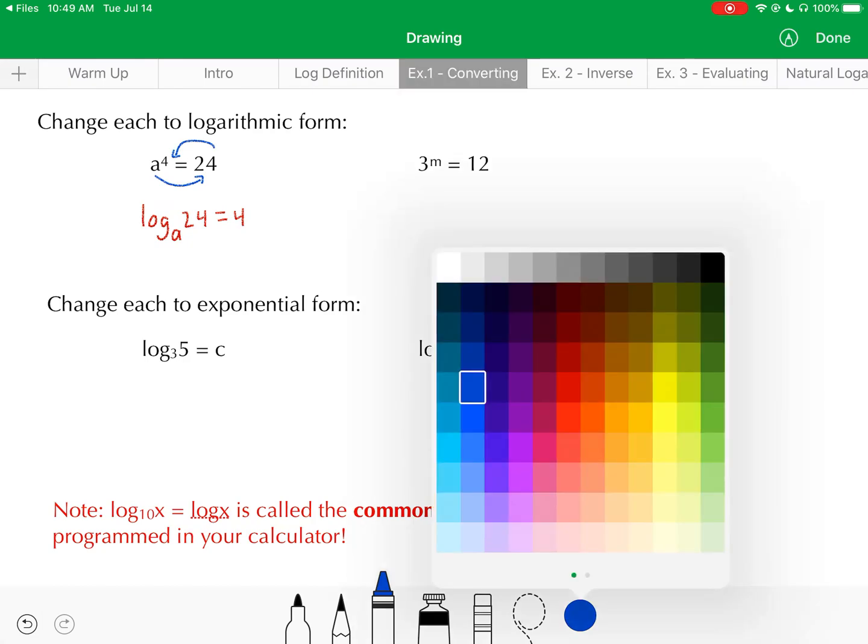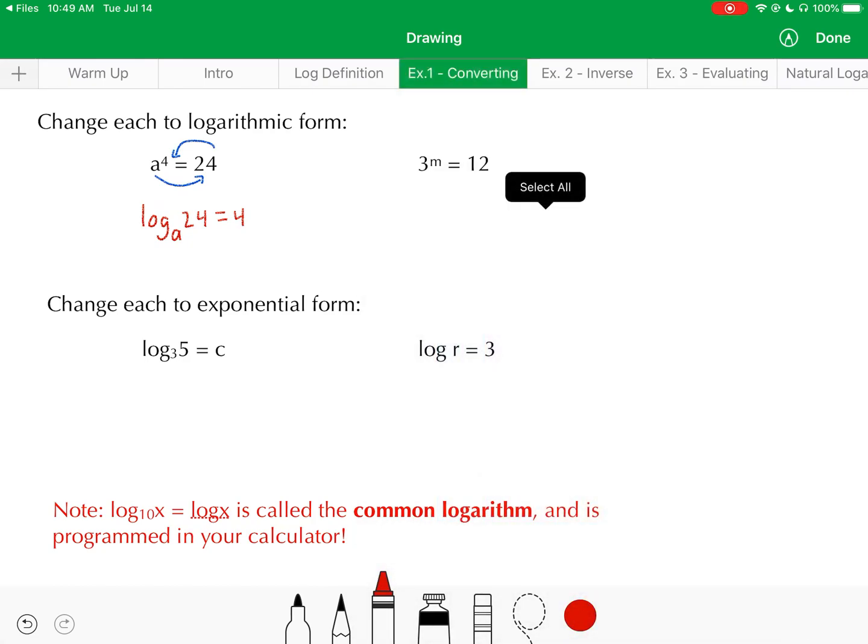For the next one, 3 to the power of m equals 12. That would be the same as log base 3 of 12 equals m. So once again, we have this kind of circular pattern here. I start with the base 3, I take log base 3 of 12, and I equal the exponent of m.